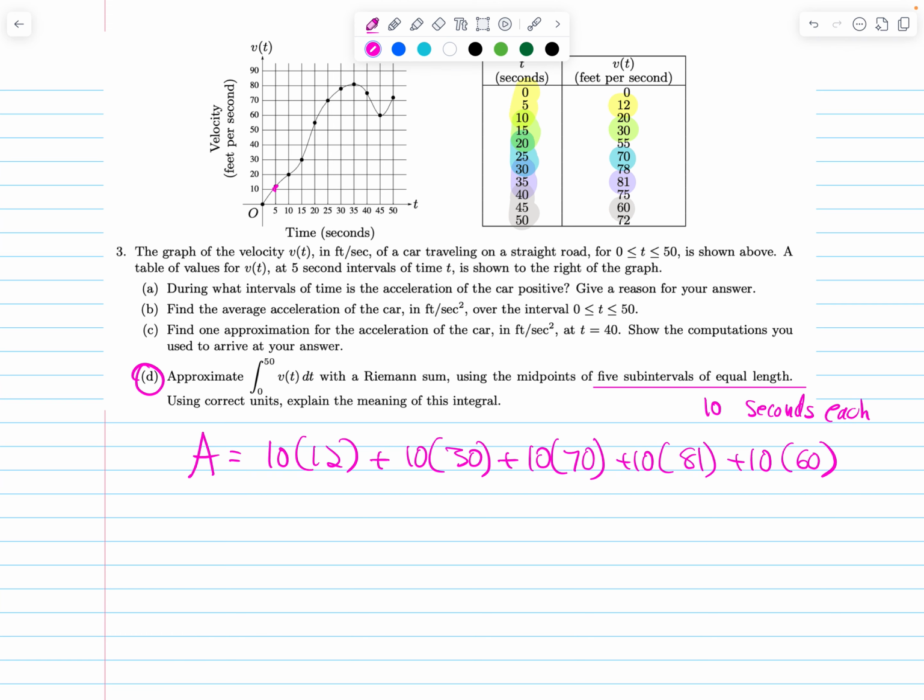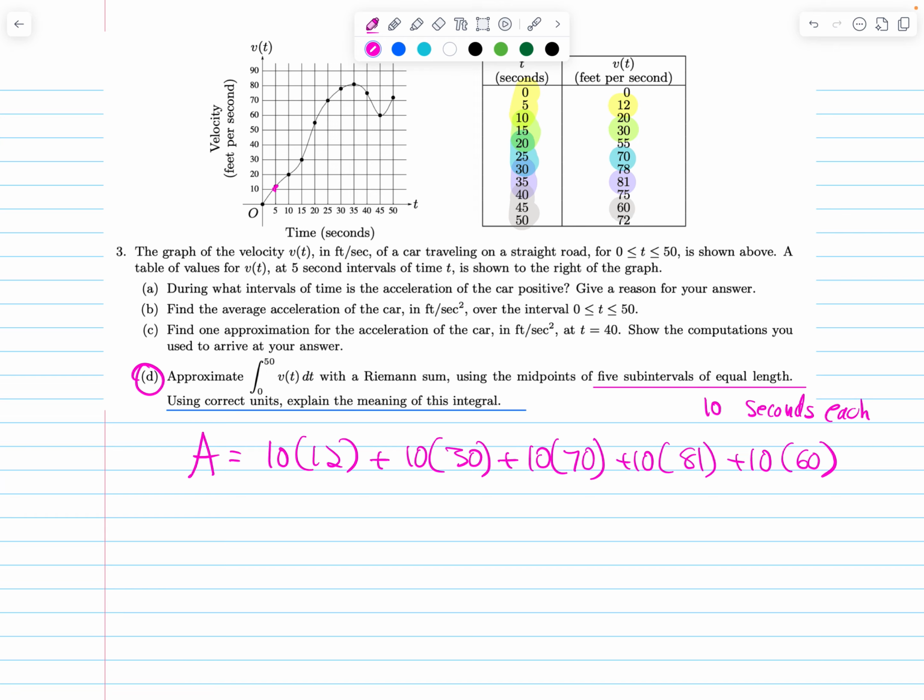Now, this last bit: using correct units, explain the meaning of this integral. I had a student, I might have mentioned this to you guys before, write a beautiful paragraph in response to this exact practice question on a test.